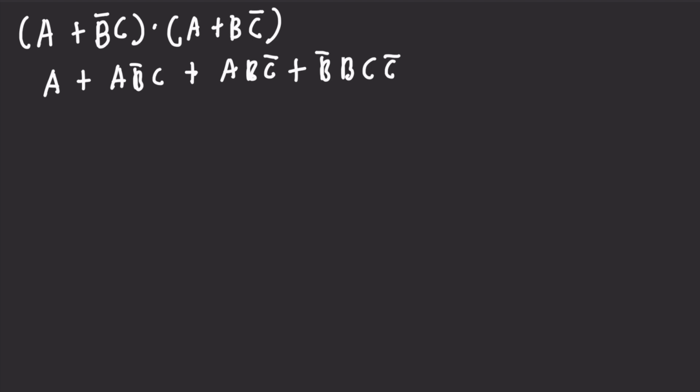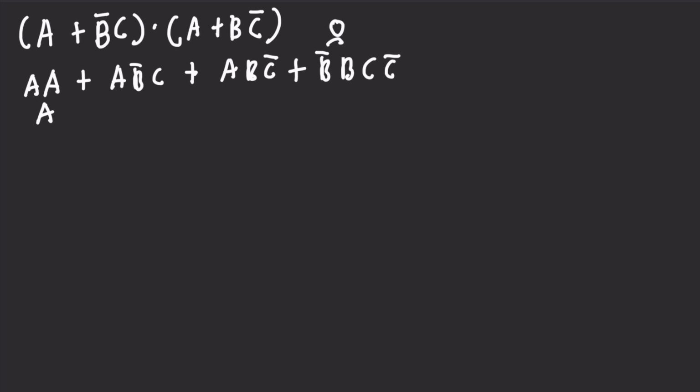Alright, so this looks a little bit worse, but it's not too bad, of course. So let's go ahead and look through this. So obviously the A times A will be simplified to A. And if we have our B naught times B, that is actually 0.